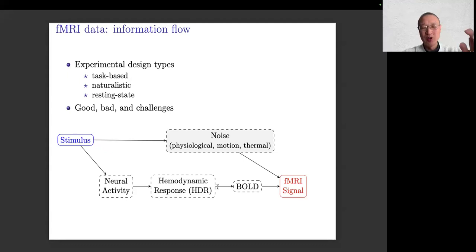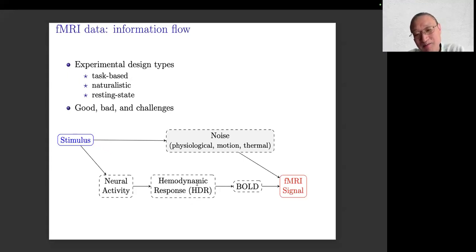It also involves the neurovascular structure: how intense or how sparse the blood vessels are in each brain region. So it's a complex physiological part of this information flow.